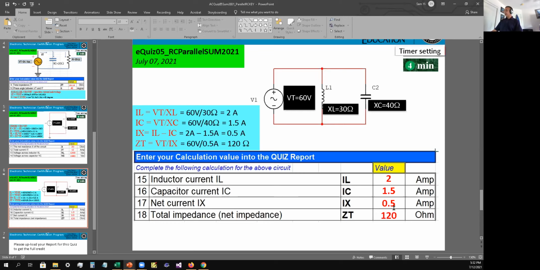Okay, so IX equals 0.5 amps. All right, so the next one, number 18, total impedance or net impedance, ZT equals VT divided by IX. So therefore it's going to be 60 volts divided by the total current, 0.5 amps, which equals 120 ohms. So ZT is 120 ohms.